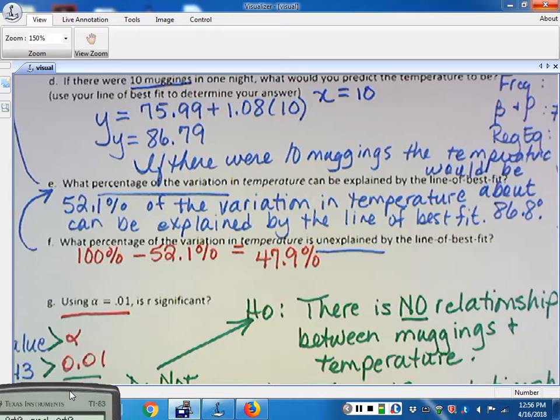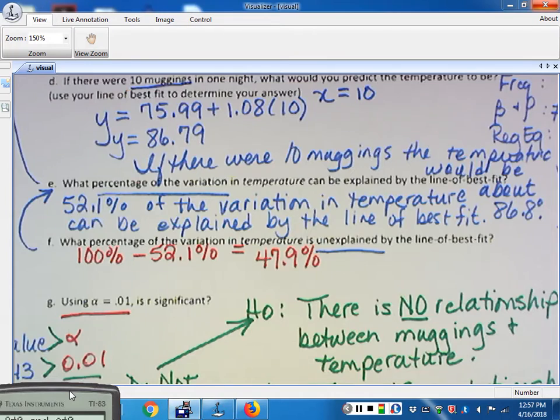There's something else. What actually would make more sense is if we were trying to talk about how much of the variation in the number of muggings is based on temperature. And you can actually switch those two around and answer the same questions. You can't control the temperature, but you could control the number of muggings, because you could assign more or fewer police officers. Okay?